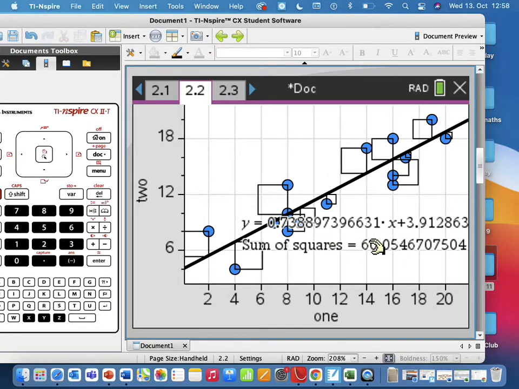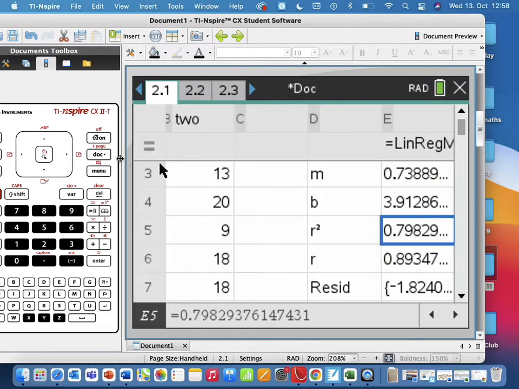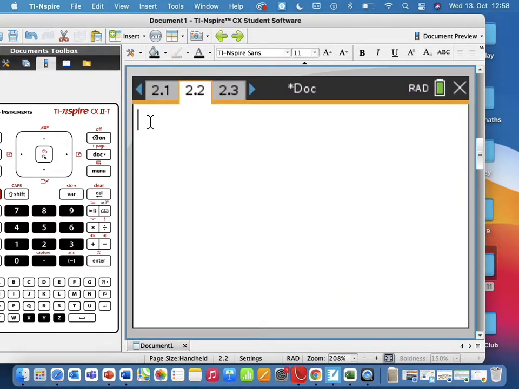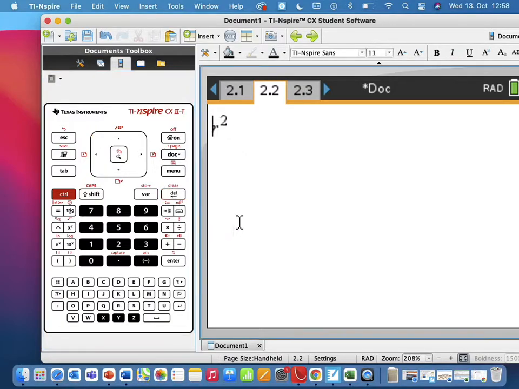Now this number here is used in a fancy formula to actually get this R squared value. So if I go doc, insert a notes page, then maybe I can type our formula for R squared in here. So our formula for R squared is also given by 1 minus SSres divided by SStot.